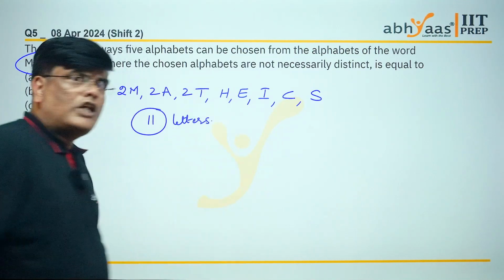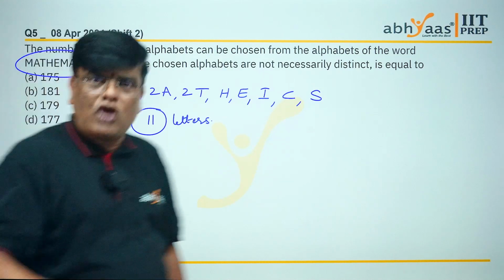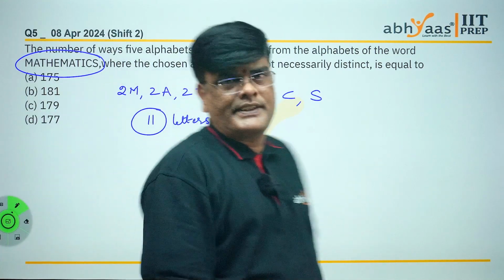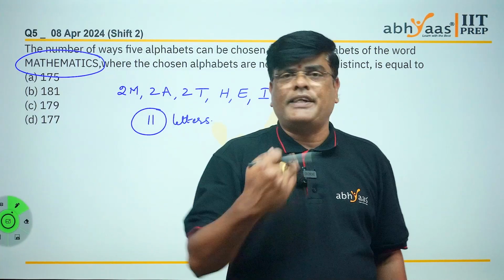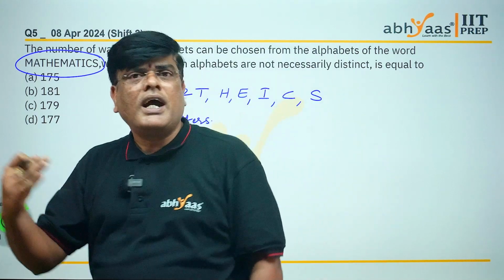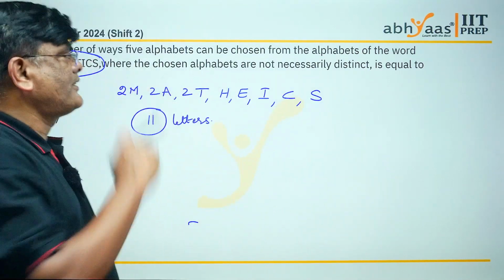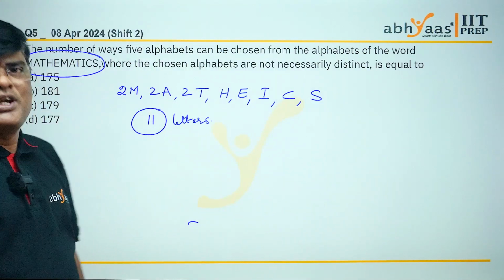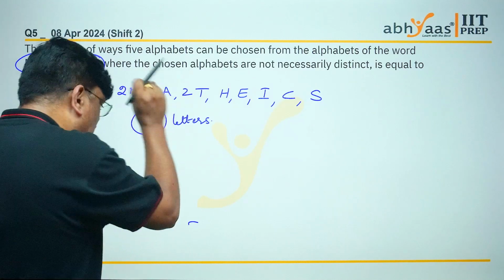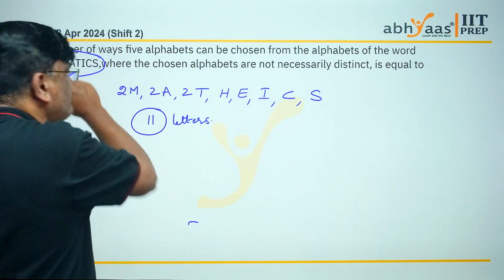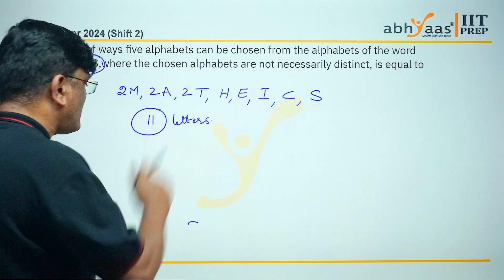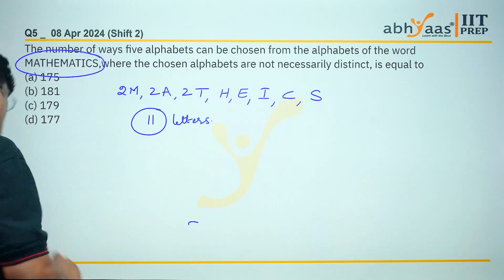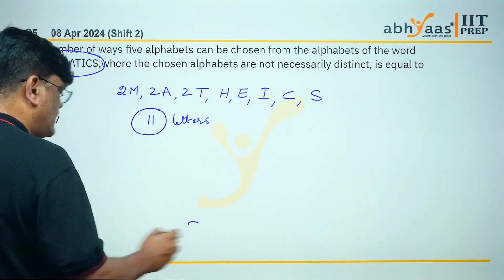Okay students, now from these 11 letters we have to select any 5 letters, such that the letters need not be distinct, not necessarily distinct. Here, to select 5 letters from this given word mathematics, there are some cases. Now we'll see what the cases are.